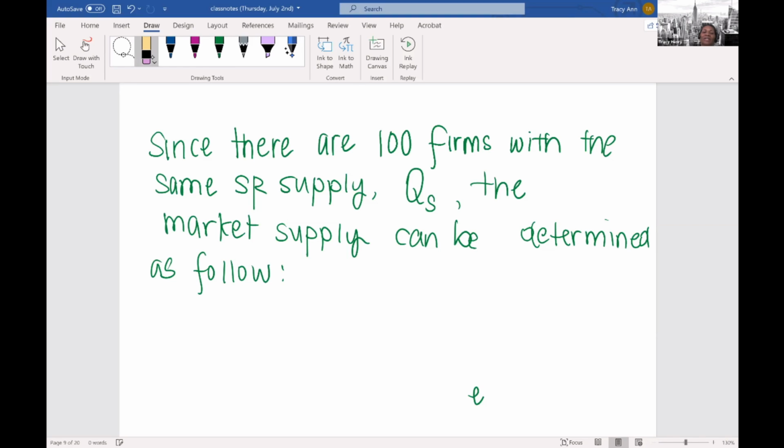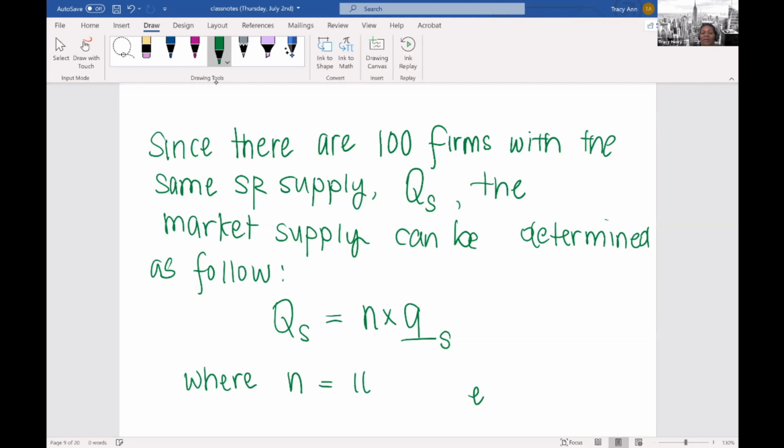you can find the market supply as QS is equal to N times little qs, where N is equal to 100, the number of firms.